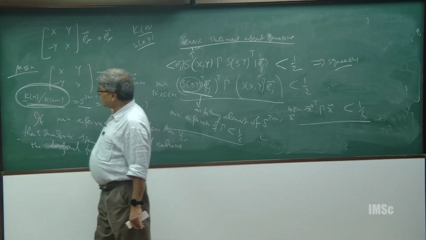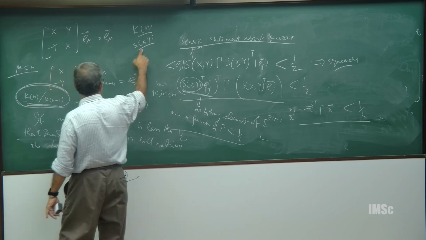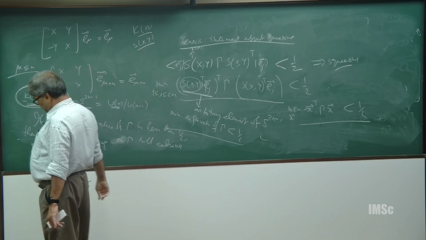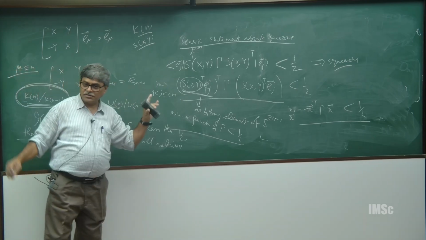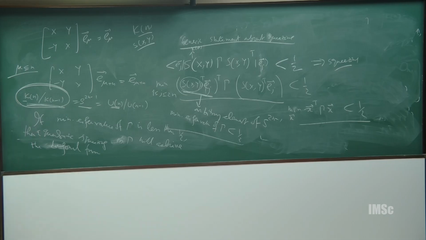Then we can see that under the action of this S_xy, if at all squeezing happens, that will be decided by the eigenvalues of this gamma under such a transformation. Okay, good. So, what do we do next?